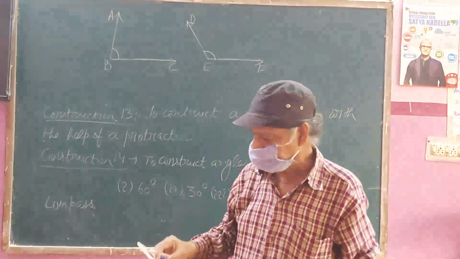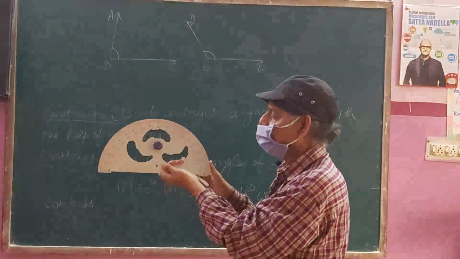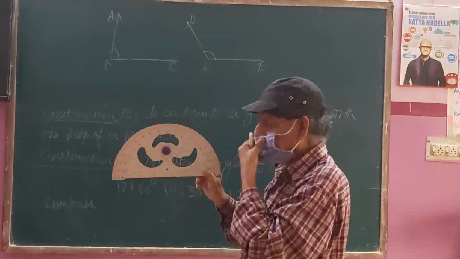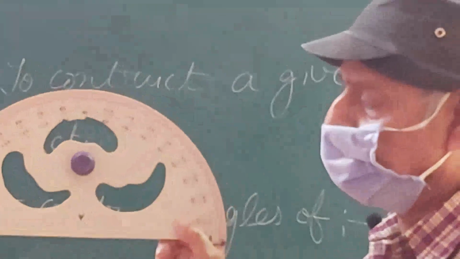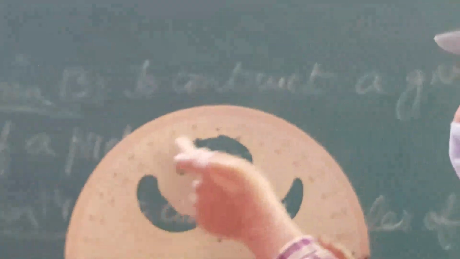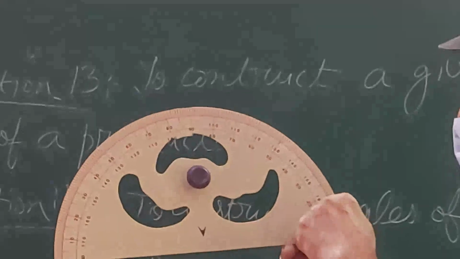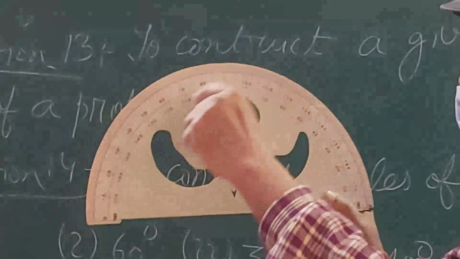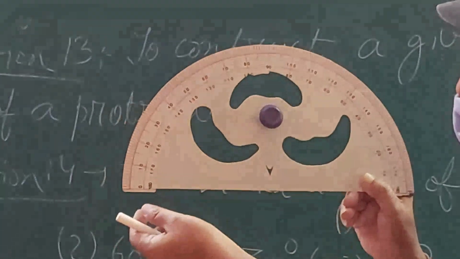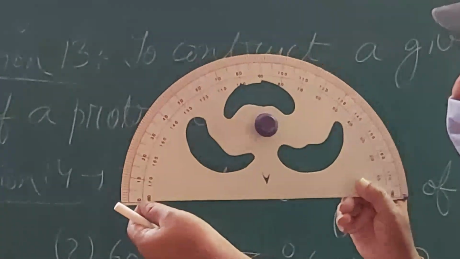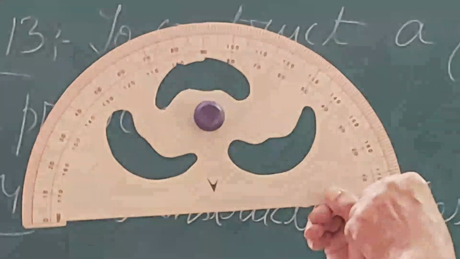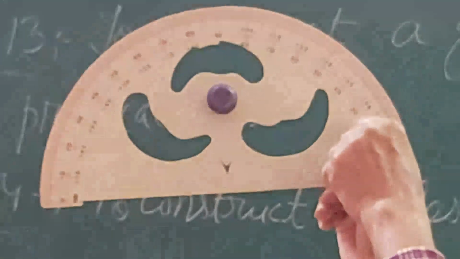Now, you have to measure. Look here, in your protractor you will see two scales. One is in the downward direction, at the bottom, this arc, a semicircle from 0. This bottom starts from here: 0, 10, 20, 30.